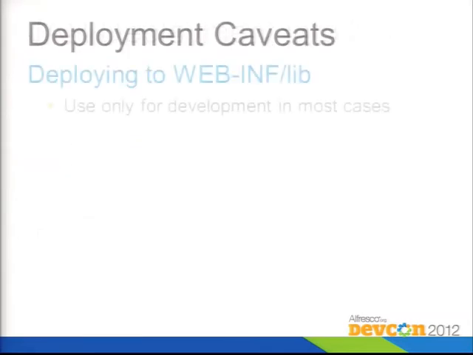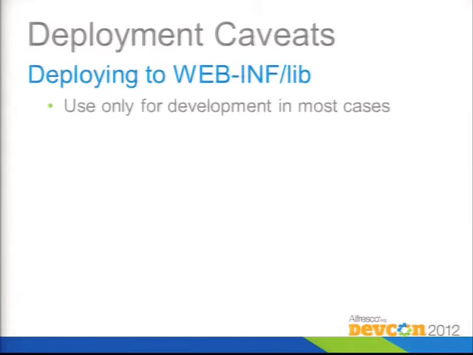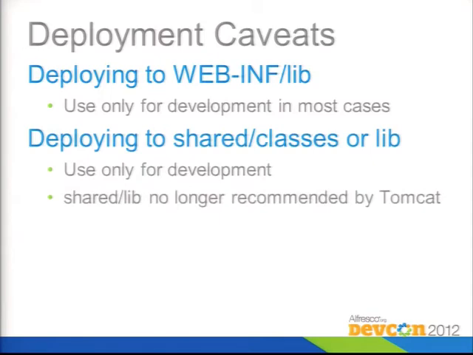So for production deployment, you should really only use the lib directory for a development type of deployment. If you want to deploy to a production instance, the best thing to do is to make your jar, or to take the classes that you've put into shared, build them out into an AMP file, and then deploy the AMP file.